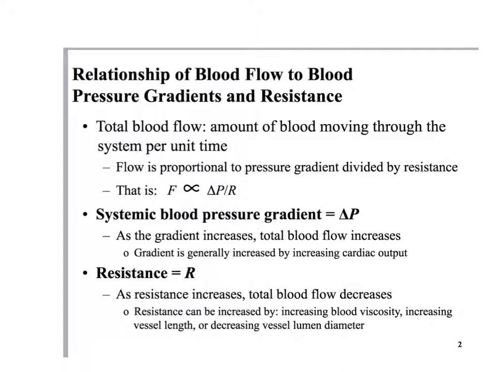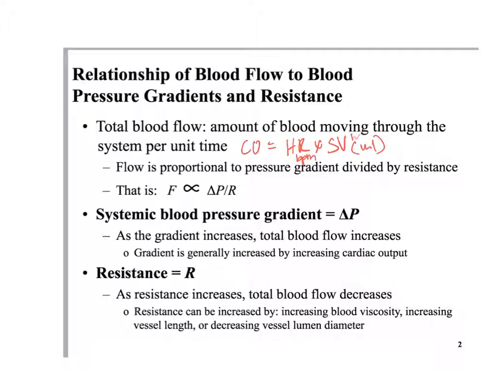So there's a total amount of blood flow. That's a measurement of how much blood's coming out of the heart, right? So total blood flow, amount of blood moving through the system per unit time. So you think about stroke volume or cardiac output. What is cardiac output? Cardiac output is equal to heart rate times stroke volume, right? So stroke volume is in mils, and heart rate is in beats per minute.